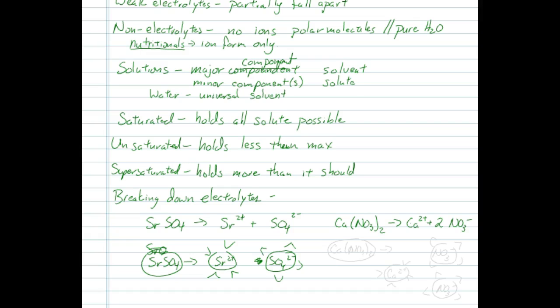If you have this visualization, calcium nitrate falls apart, and you make a calcium ion with the water pointing towards it, and not one, but two nitrate ions in solution. That ends this lesson on solutions and electrolytes.